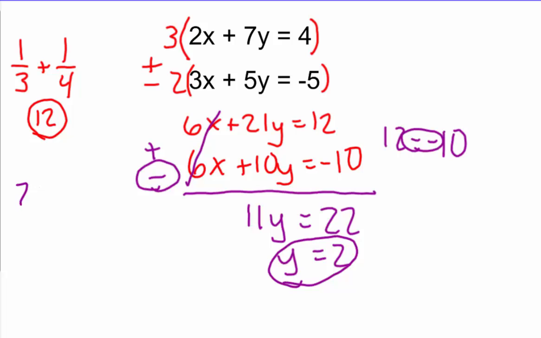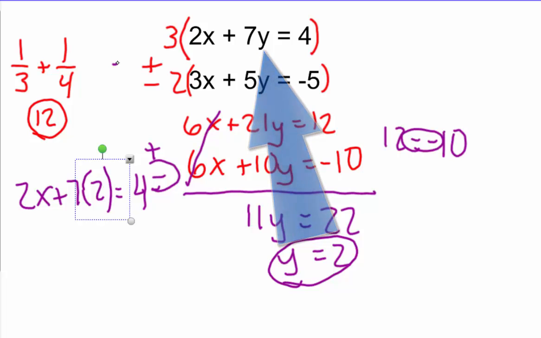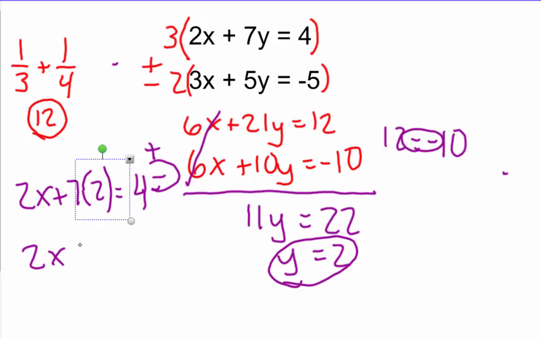So I plug it into the top equation: 2x plus 7 times 2 is equal to 4. We get 2x plus 14 equals 4.